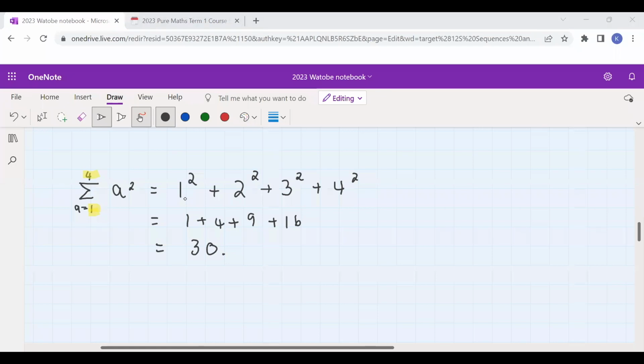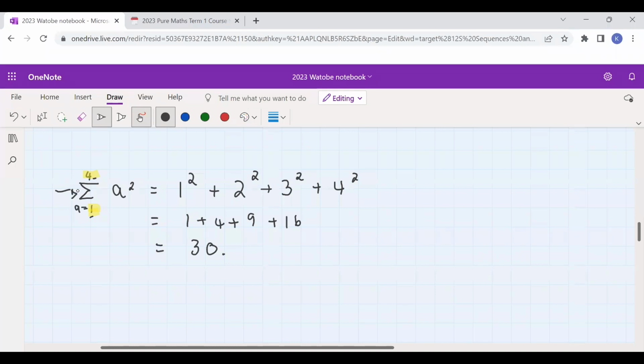Okay, someone still said, I still don't get it. I'm going to explain one last time because we have to go to that other one. So we are calculating the sum of something. That's what sigma means. So we are calculating the sum of A squared, where A is from 1 until 4, so where A is 1, 2, 3, 4.